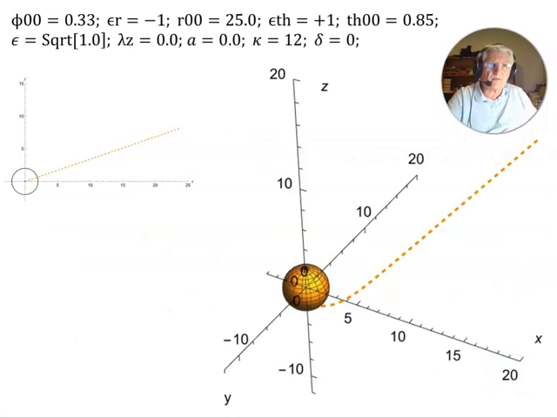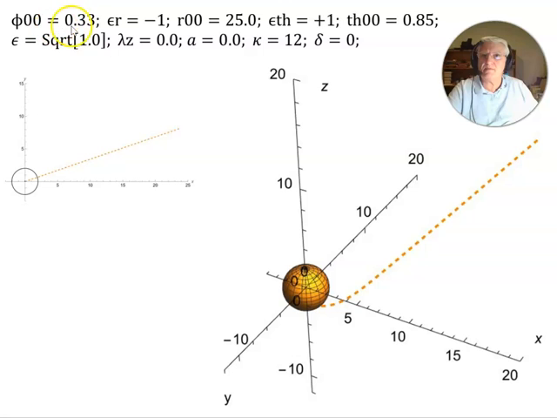So here we go, just move that out of the way. So here we have the starting point. The azimuthal angle is 0.33 radians, an inward trajectory starting at 25 units, with the polar angle pointing in the positive direction, so going down from above to below.